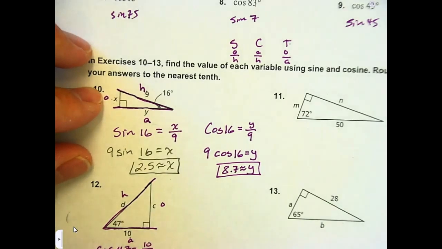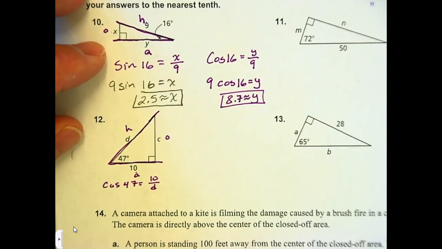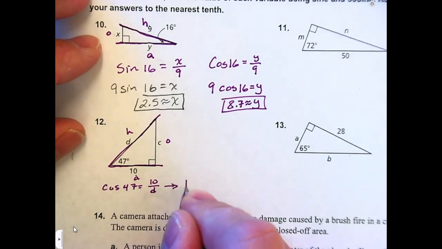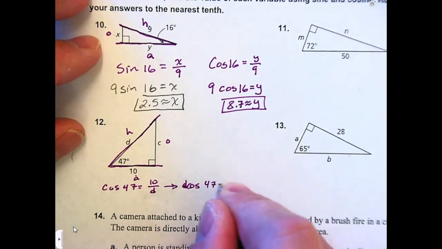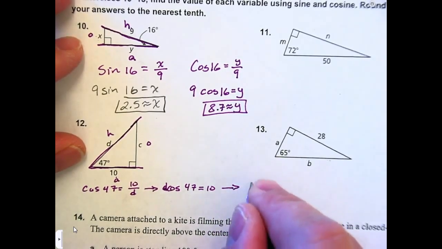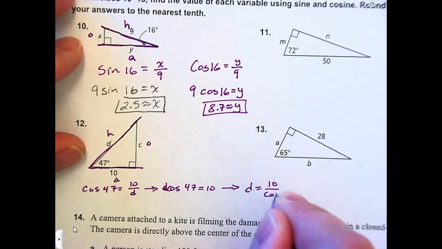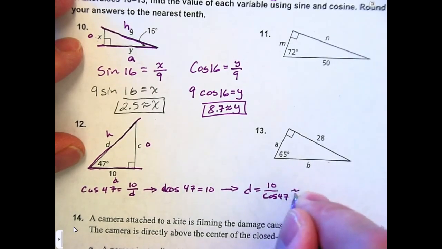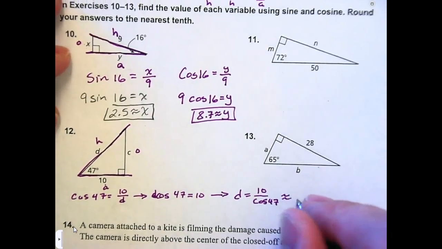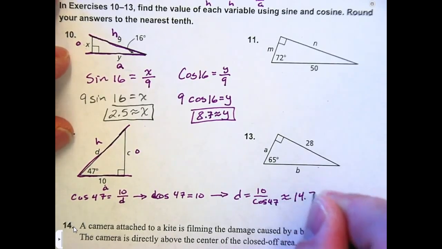Which actually then gives me, there we go, cos 47 is equal to 10 over d, so that is d cos 47 equals 10. So d is equal to 10 over cos 47. Anyone have a value there? 14.7? Okay.